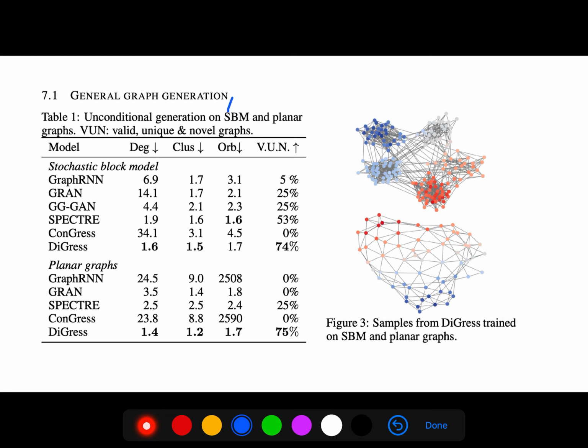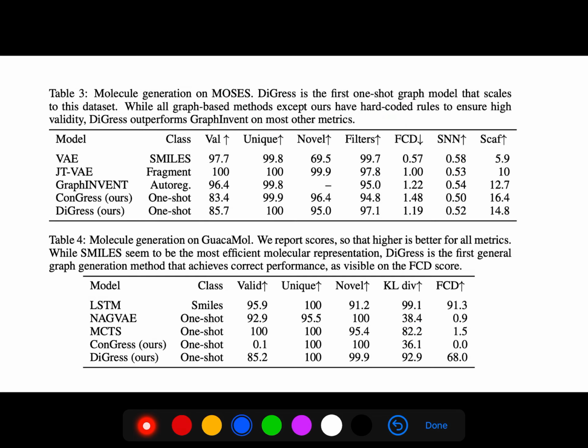And this is a stochastic block model, which is very important in pure mathematics. But nowadays, stochastic block model, you see it in machine learning everywhere. In social media, it has that kind of structure. Also MOSES. If you want to do a good thing, you should go beyond QM9 and ZINC to 250K. These two also are fantastic.